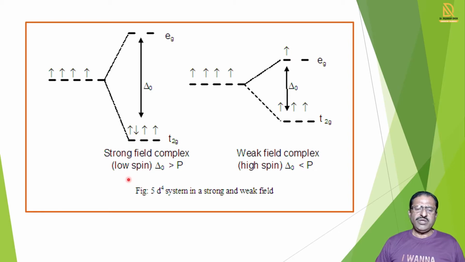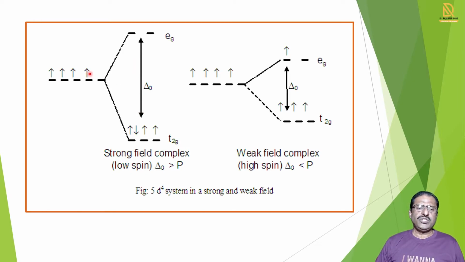Firstly we consider the strong field complex. In a strong field complex, delta O is greater than P. In this diagram, the energy difference between T2g and Eg is high. In this case, pairing energy is less and delta O energy is higher. So which orbital gets the fourth electron?